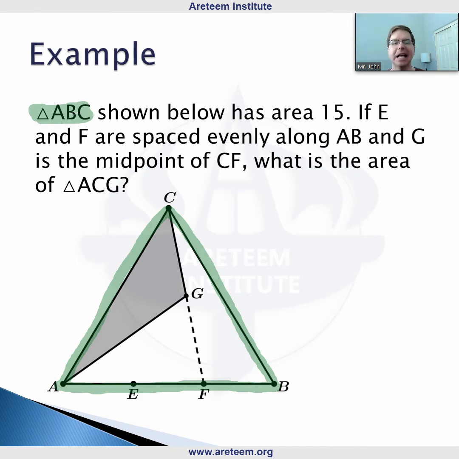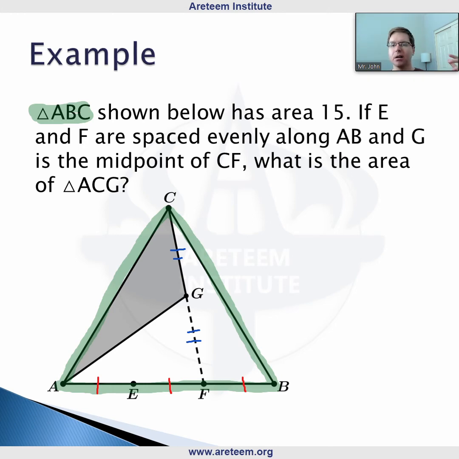First of all, E and F are evenly spaced along AB, which tells us we're dividing it into 3 equal pieces. G is the midpoint of CF, so these two line segments are the same length. And we want to know the area of ACG.